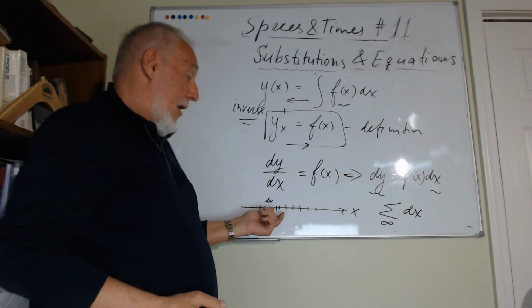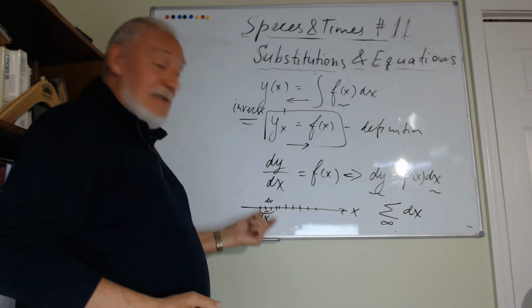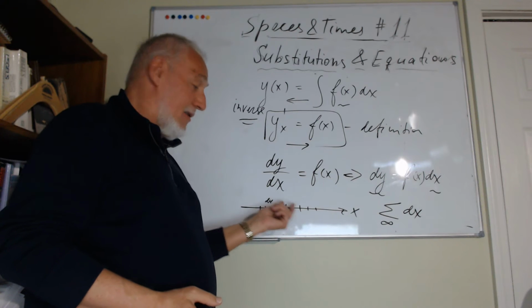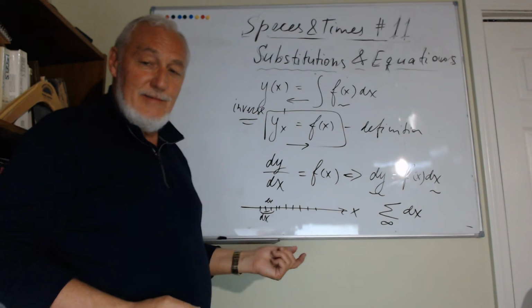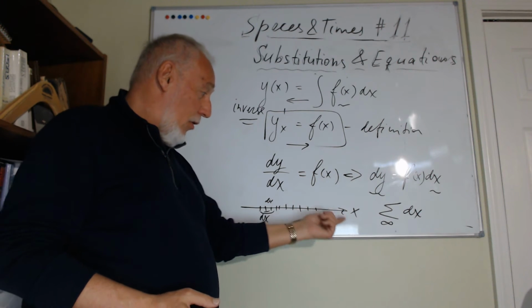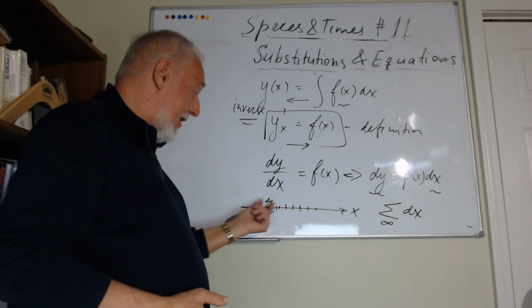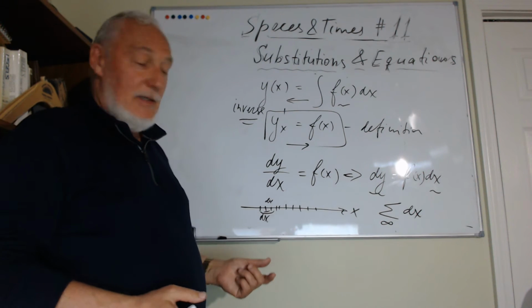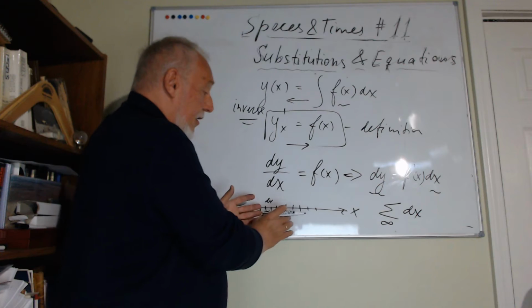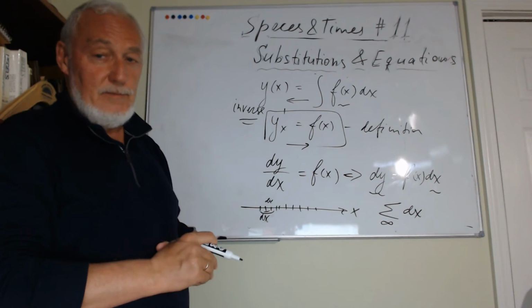Because the axis consists of these small intervals. All of this axis consists of these small things. So this is an infinite sum of infinitely small intervals.